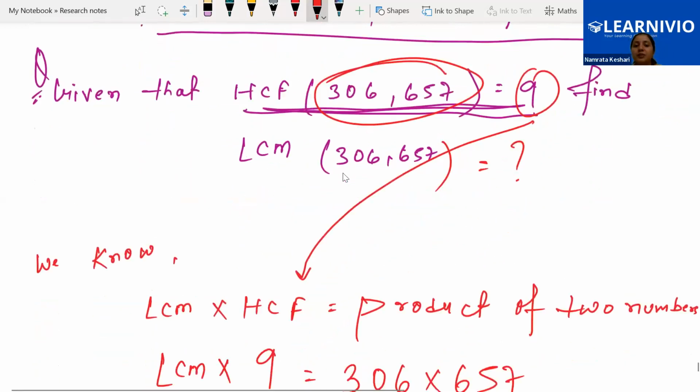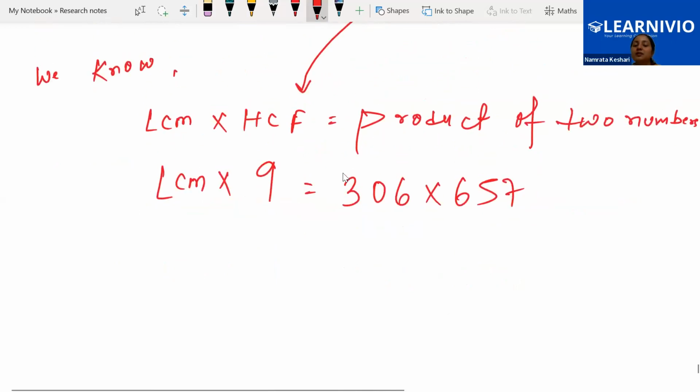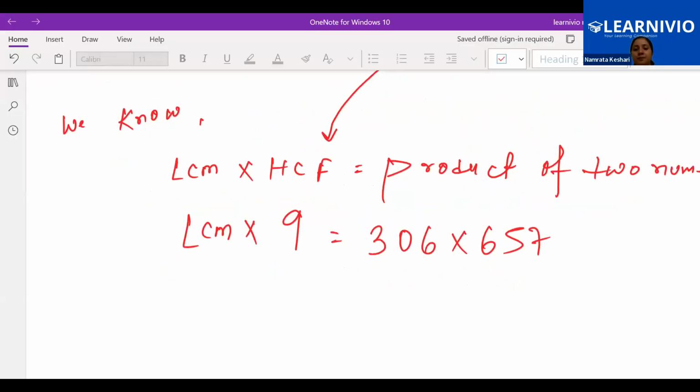Please do the calculation and let me know what you are getting as the LCM. Ma'am, can you scroll up?